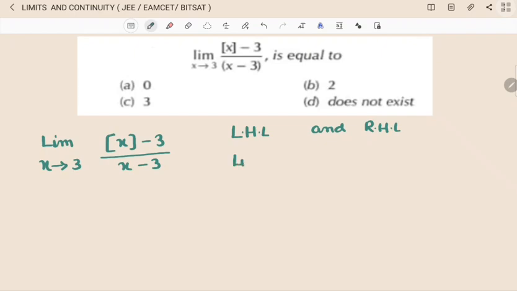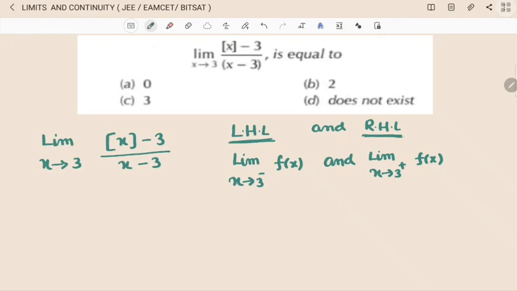Left hand limit means limit x tends to 3 minus f of x, f of x means this function, and limit x tends to 3 plus f of x. Find out both the limits. If both the limits exist and are equal, then only the limit will exist at x equal to 3 for the given function. Otherwise, limit does not exist. So now calculating left hand limit.